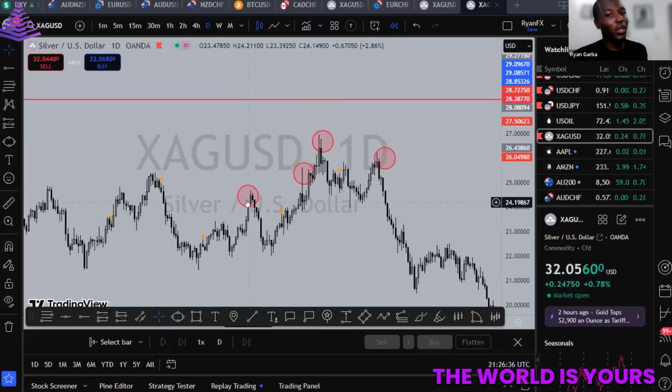You can use this as your left shoulder, or you can even use this. That's why I'm using these two, either this or this as your left shoulder. This is obviously the head.